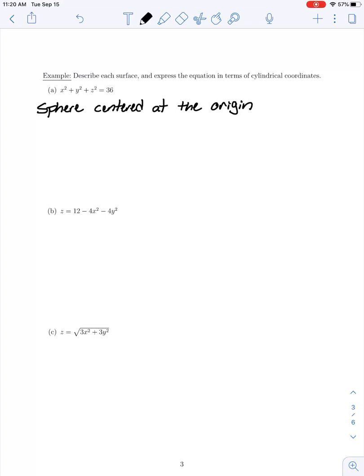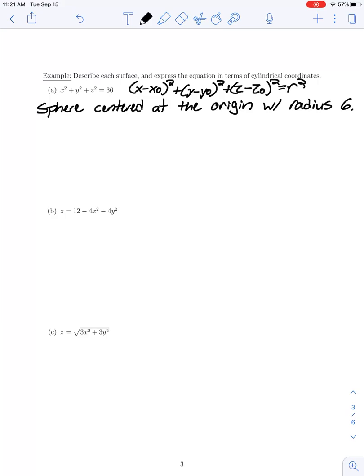That is the point 0, 0, 0 in space, with radius 6. So in general, the equation for a sphere, remember, had the form x minus x naught squared plus y minus y naught squared plus z minus z naught squared is r squared.